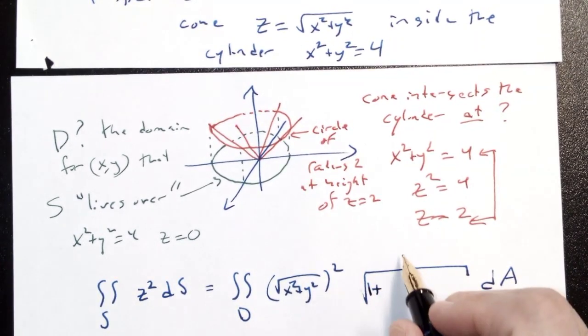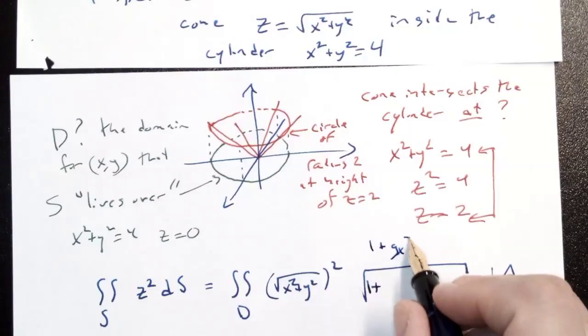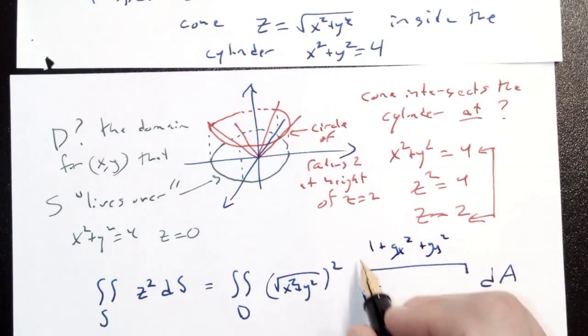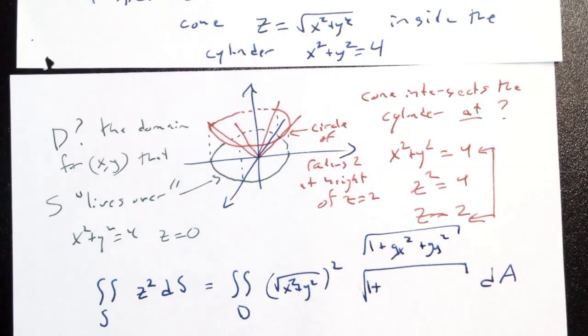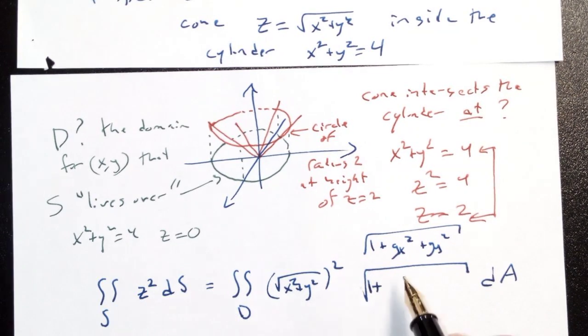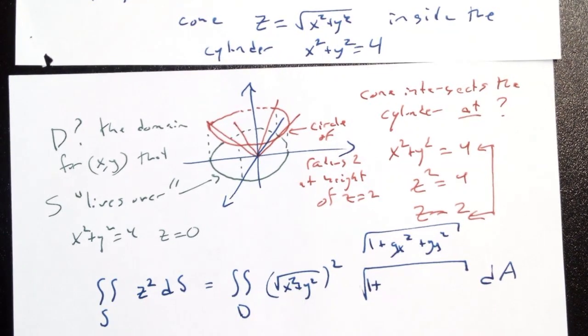Okay, wait a minute. 1 plus g_x squared plus g_y squared. What's g? G is the surface. G of x, y, that's my cone.